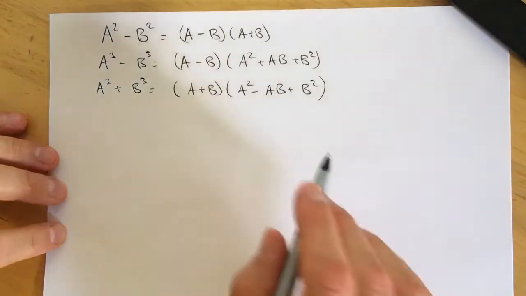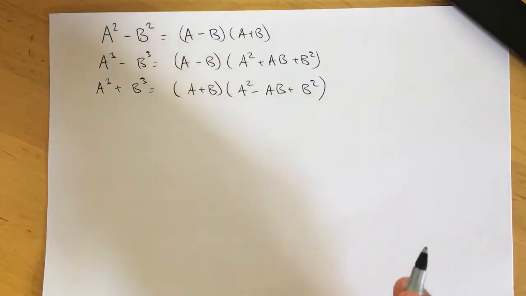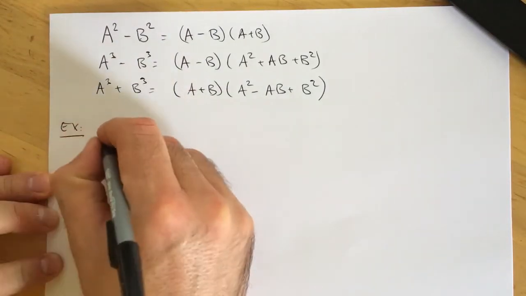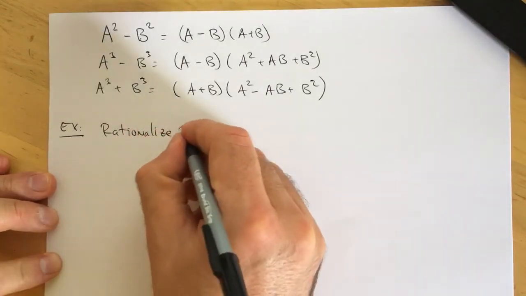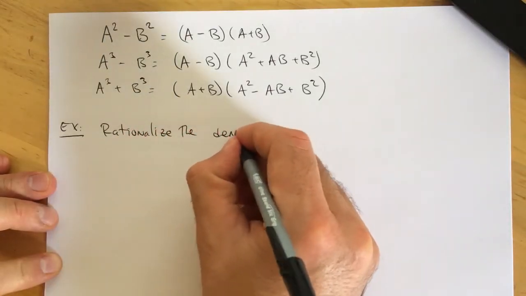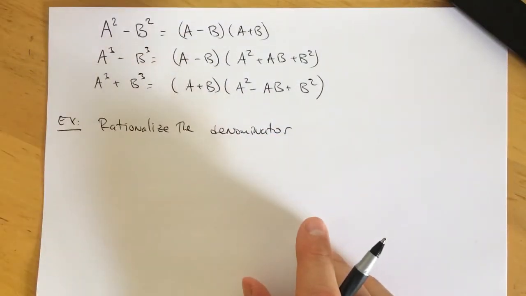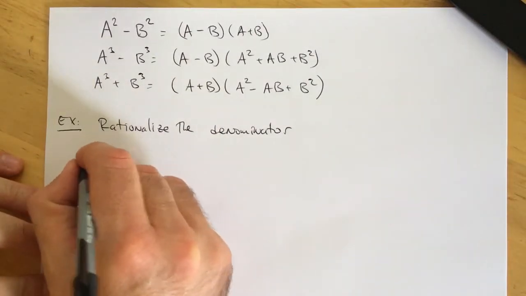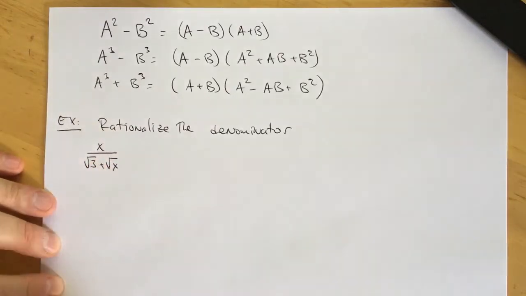So if I want to rationalize an expression, let's say the example says rationalize the denominator in the following problem: x over square root of 3 plus square root of x.